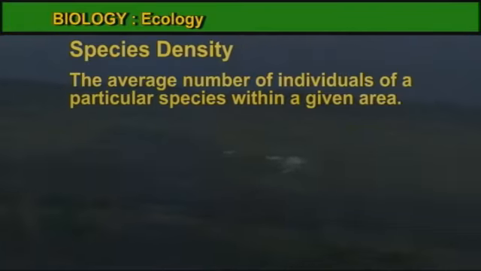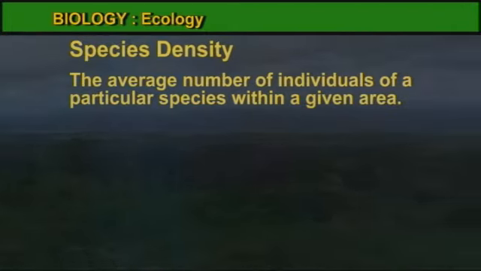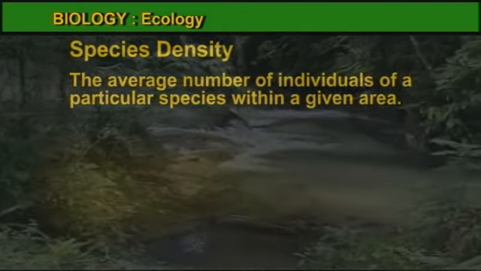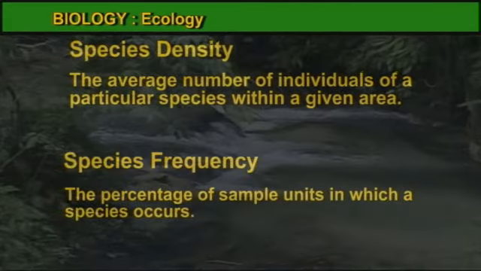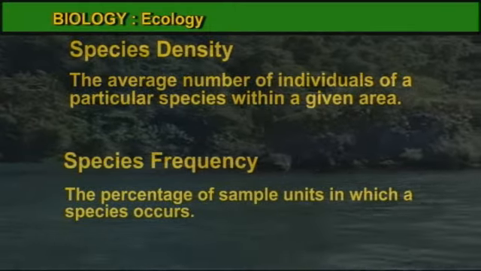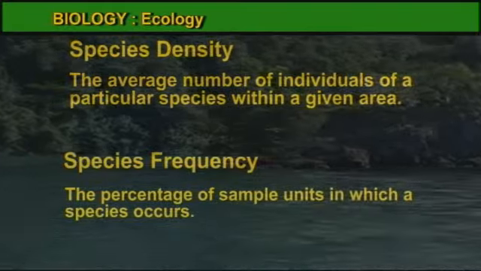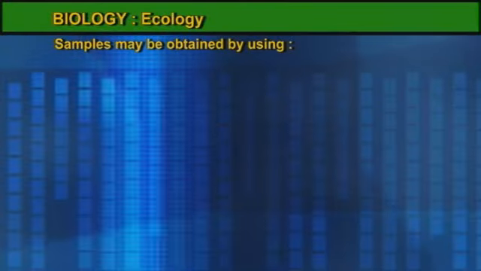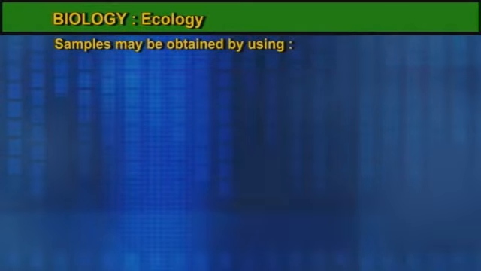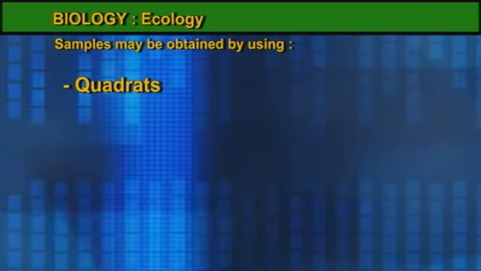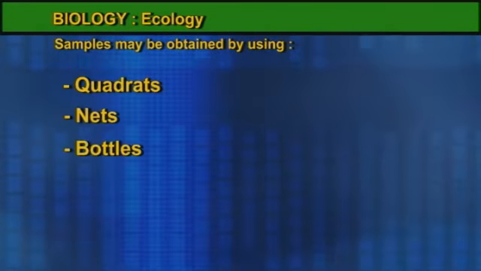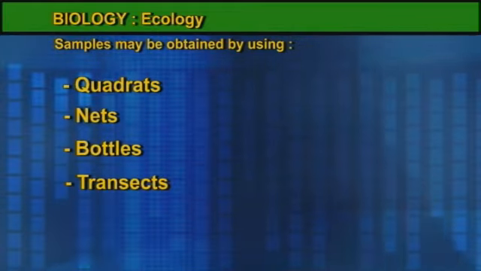Species density is the average number of individuals of a particular species within a given area. Species frequency is the percentage of sample units in which a species occurs. Samples may be obtained by using quadrats, nets, bottles, and transects.